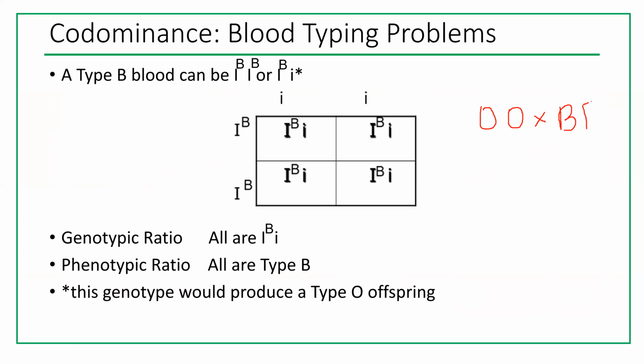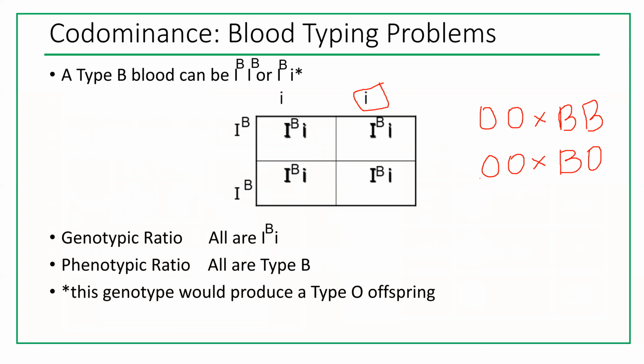That's a type B. Agree? Or one parent type O, so it's O, O, and another parent is type B, but that's going to be B and O. So instead of i's, instead of this i, you can just use O because O is recessive.